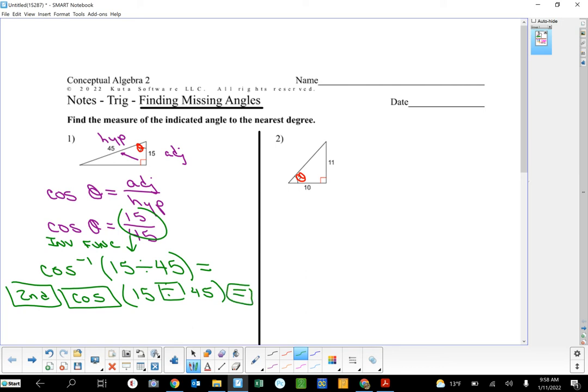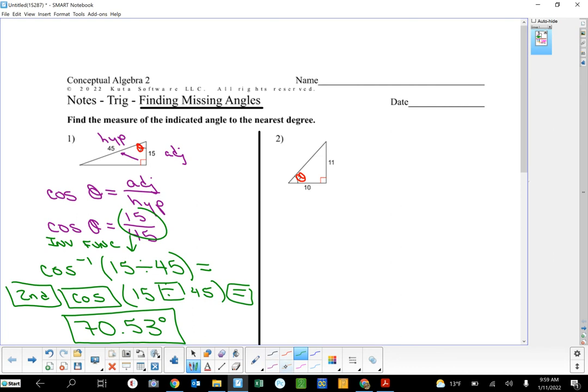And if I do that, I get 70.528, and if I round, I'll put 70.53, and that's degrees because you're finding the measure of an angle. Okay? So that's all you got to do with these.